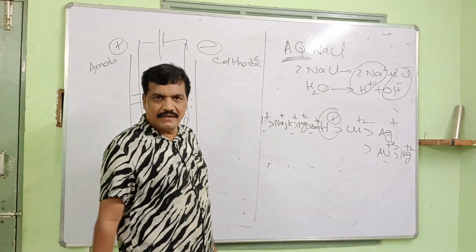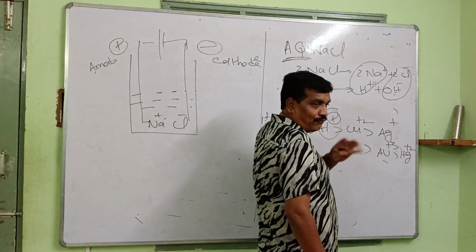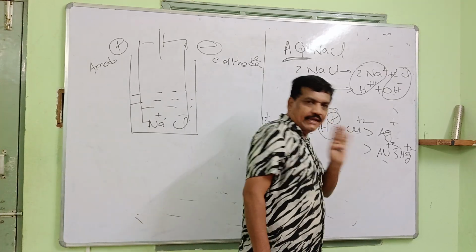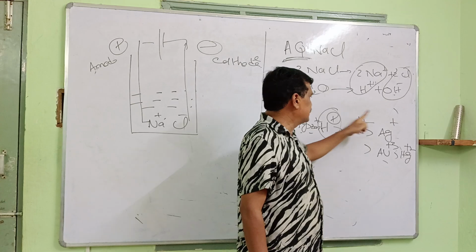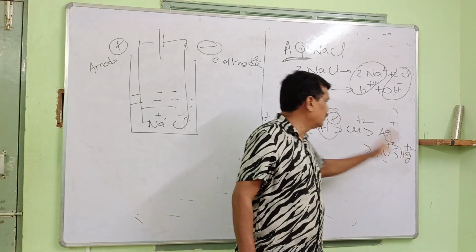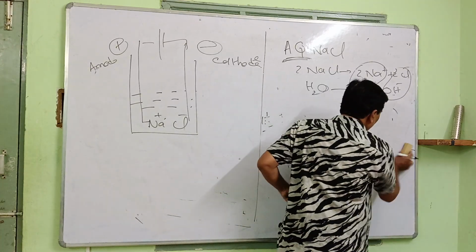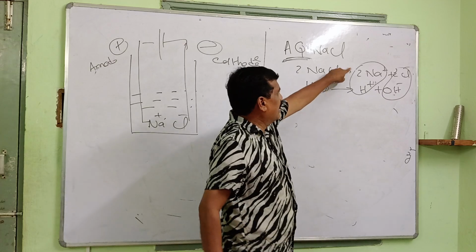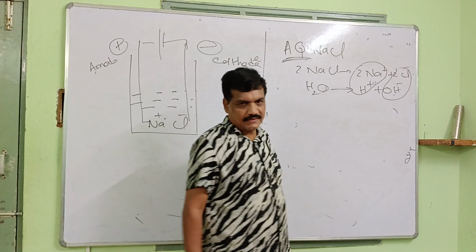Very simply, I repeat again, in the cation series only 4 cations have less potential compared to hydrogen. What are they? Copper, silver, gold, mercury. So, for example, how do we identify between two cations? Two cations are there, Na+ and H+.